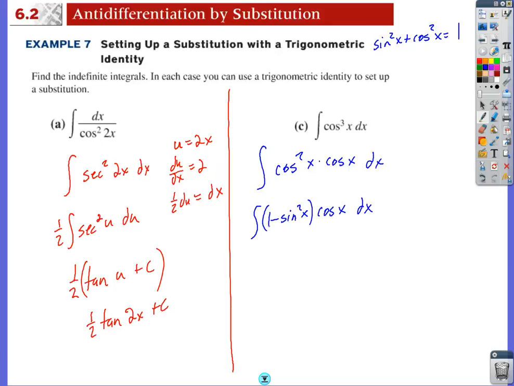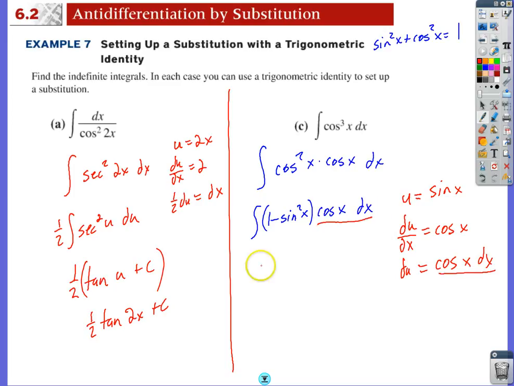So, trying to be as simple as I can, let u equal just sine x. When I do that, du/dx is equal to cosine x. Oh, this is nice and clean, because du is equal to cosine x dx right there.